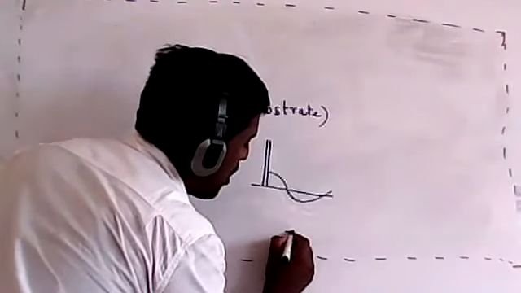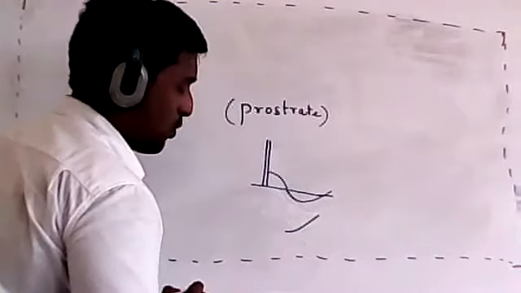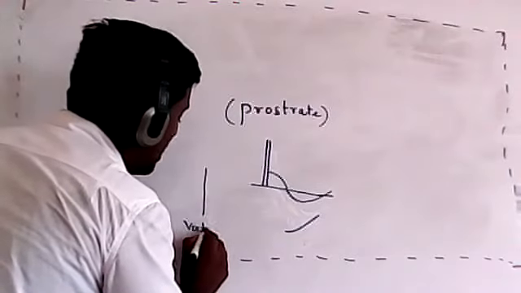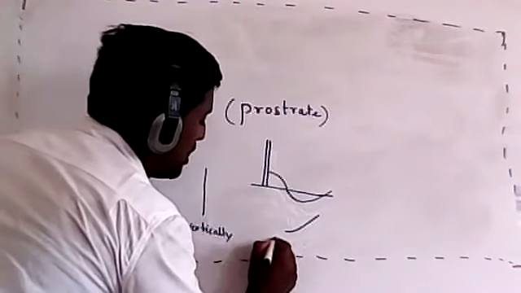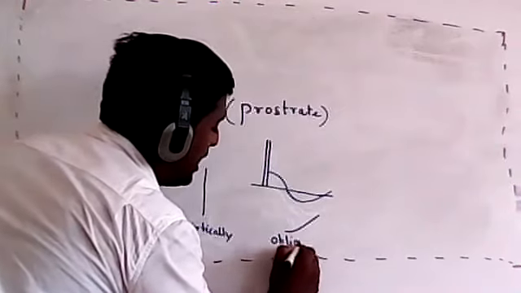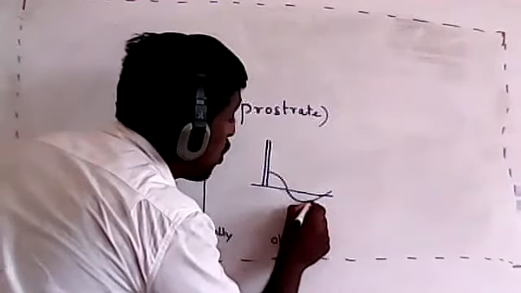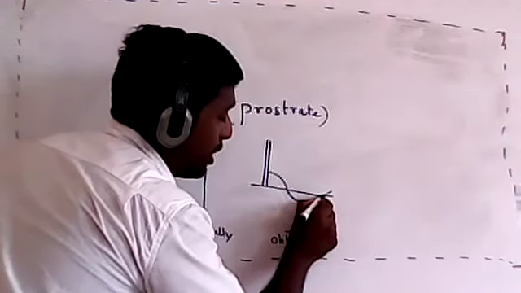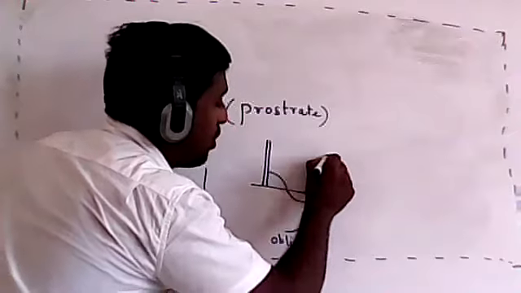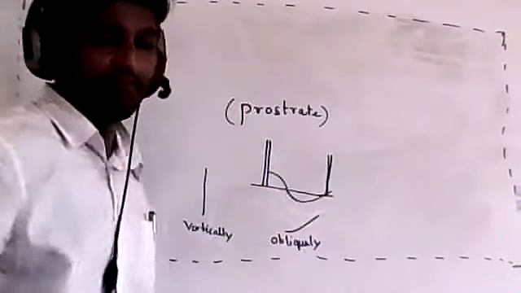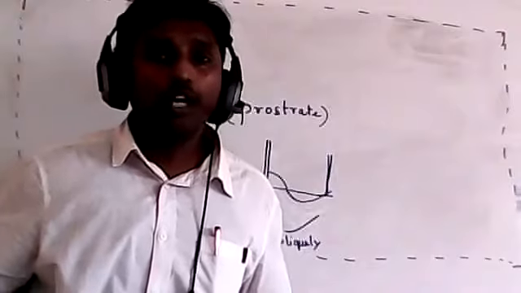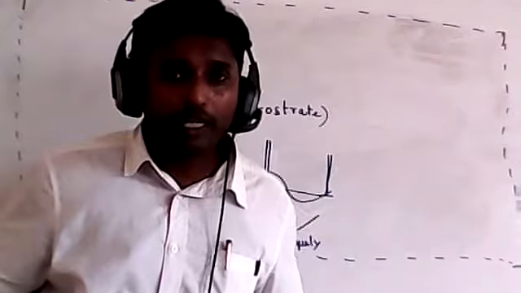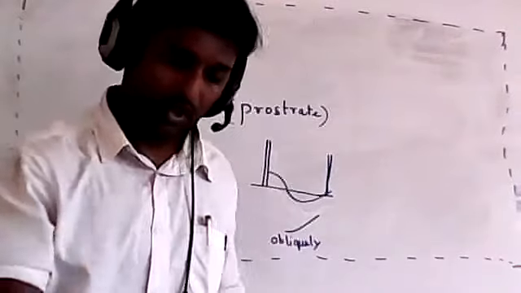So we call this obliquely. It grows obliquely, and when they reach the soil, they will grow into a new individual. Have you understood what you mean by obliquely?